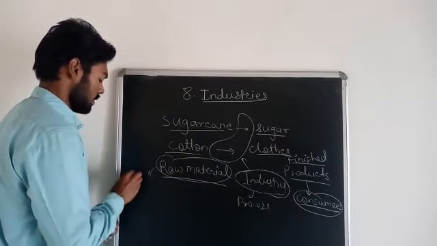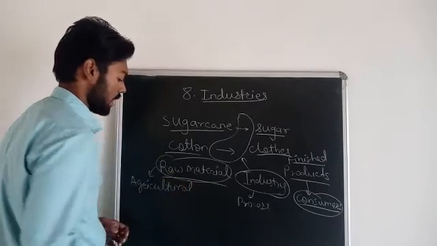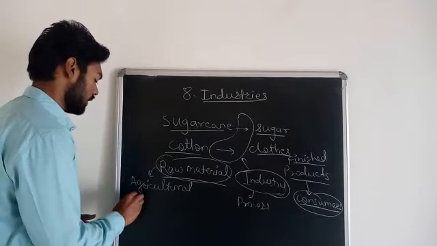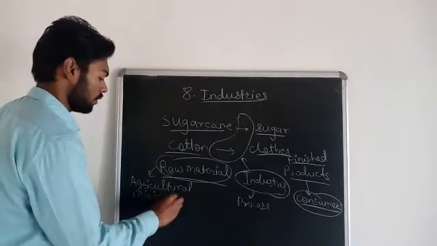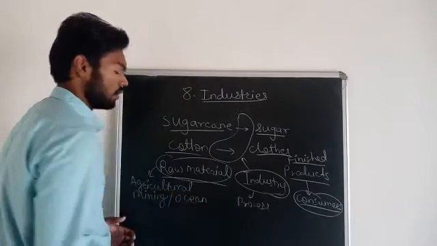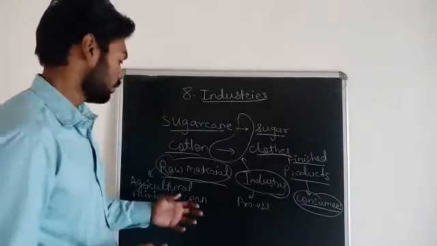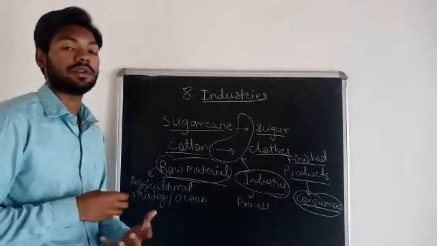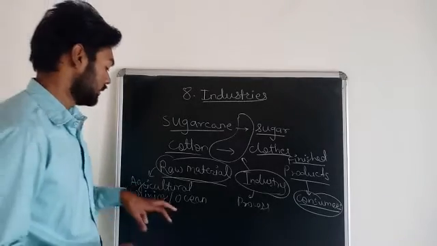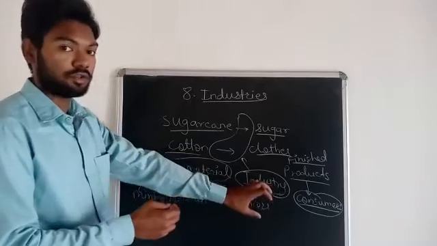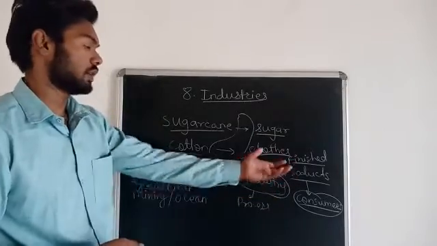We get it from agricultural fields, or we get some things from mining activities, or from the ocean. Like petrol, diesel, all these things we get from the oceans or from the borings that we do under the ground, and we drill these things out as natural gases and natural oils or crude oil. Then these raw materials are sent into these industries to purify and process them, and then these industries forward them to the consumers or the markets.